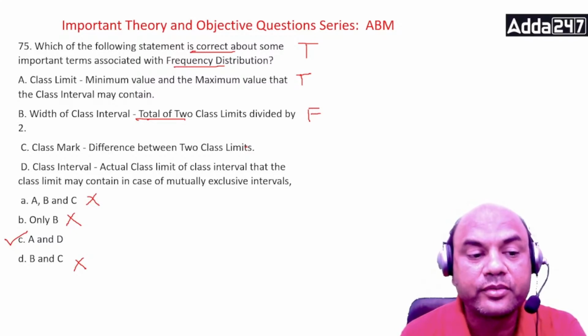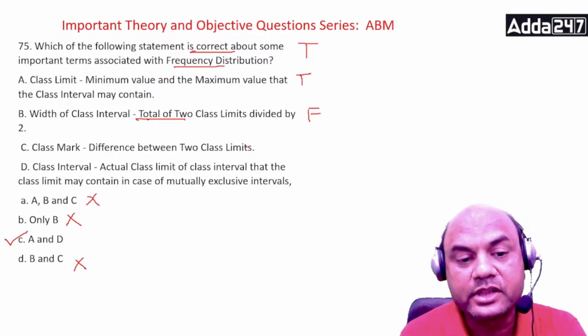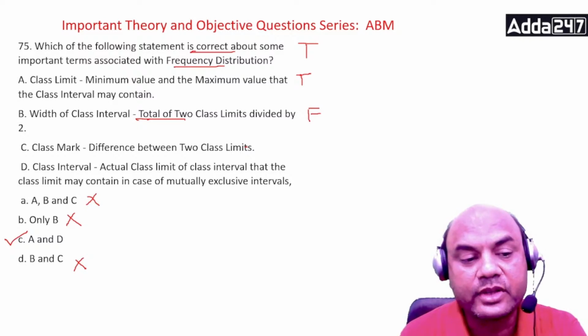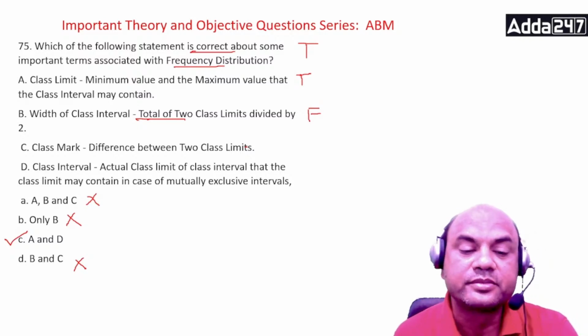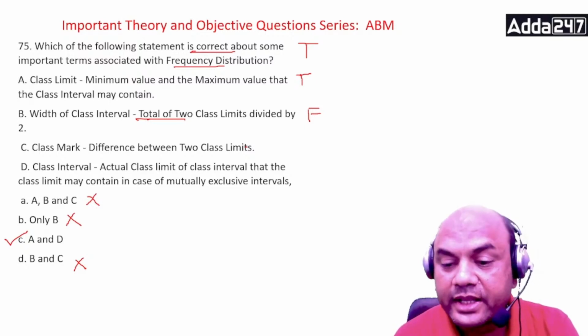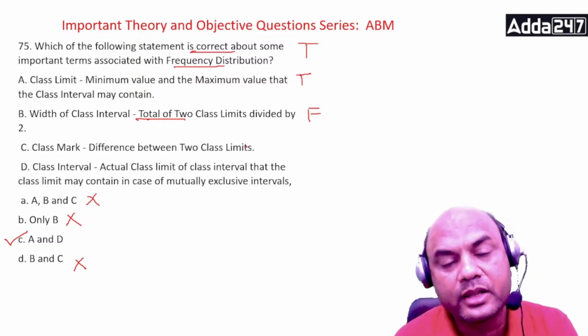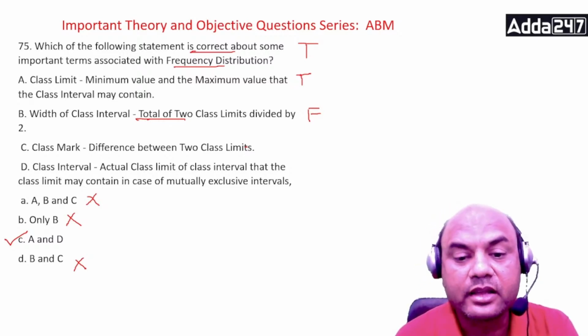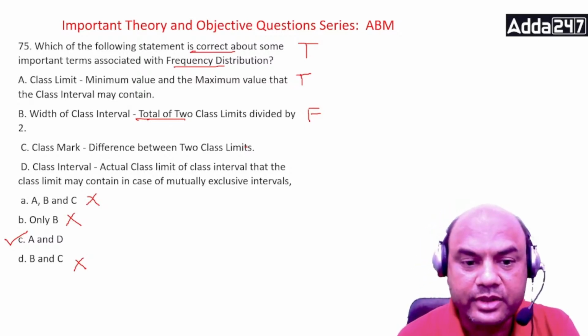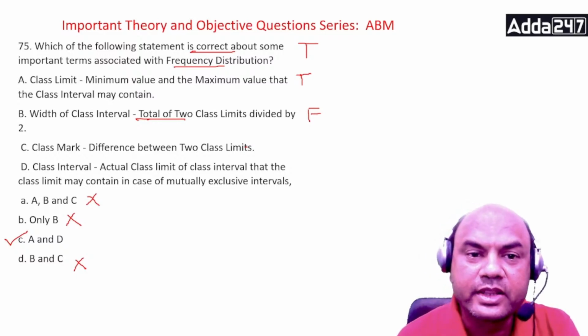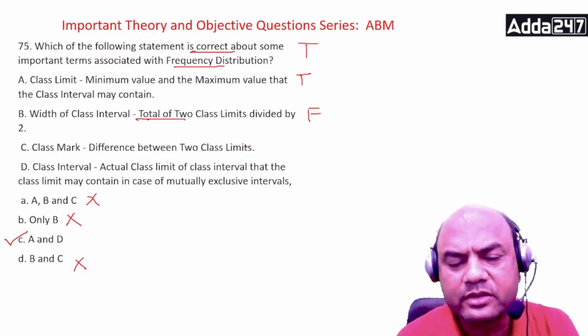What is D now? Class interval: actual class limit of the class interval that class limit may contain in case of mutually exclusive intervals. So D is true. The difference between the upper and the lower class limit gives the class interval. That's the basic logic.